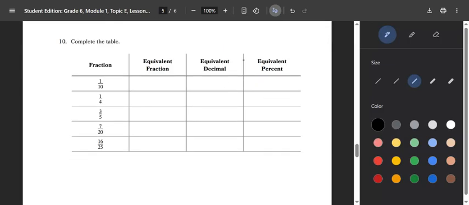All right, now let's complete this table. 1/10 is the same thing. We're going to give an equivalent fraction with a denominator of 100 so we can easily figure out the percent.